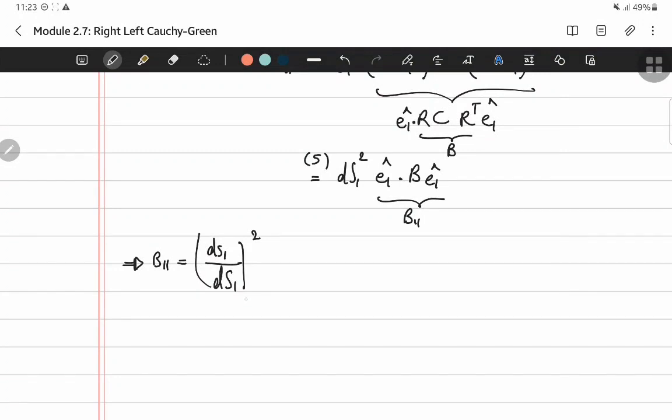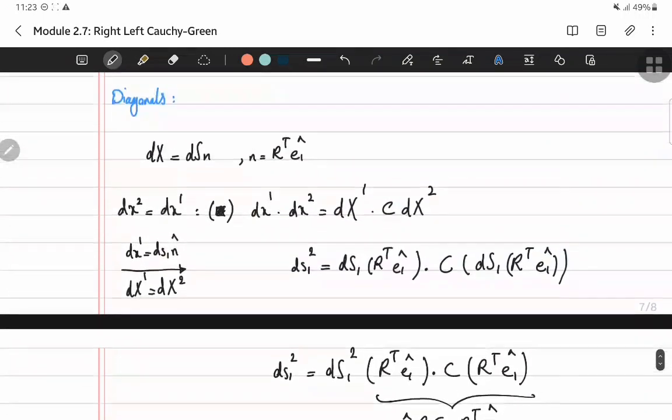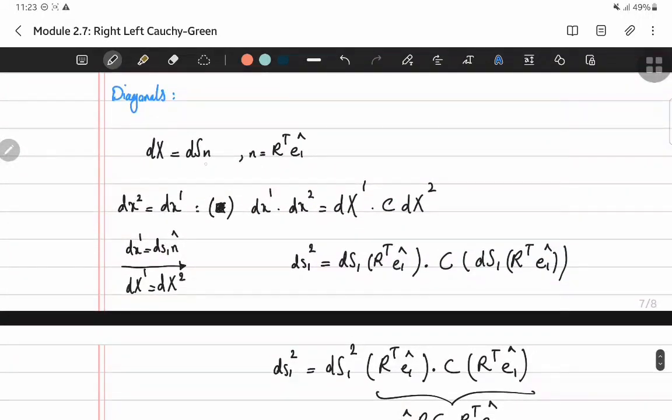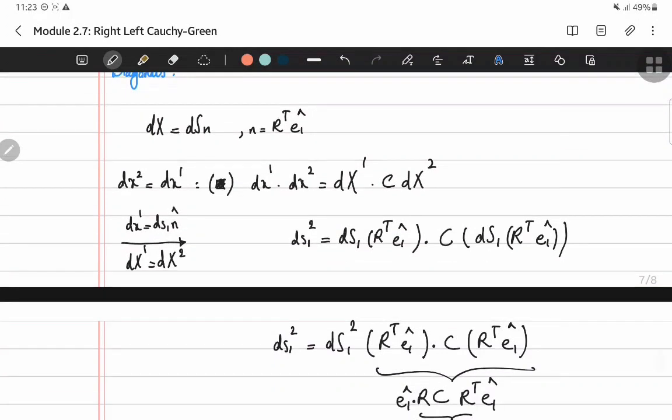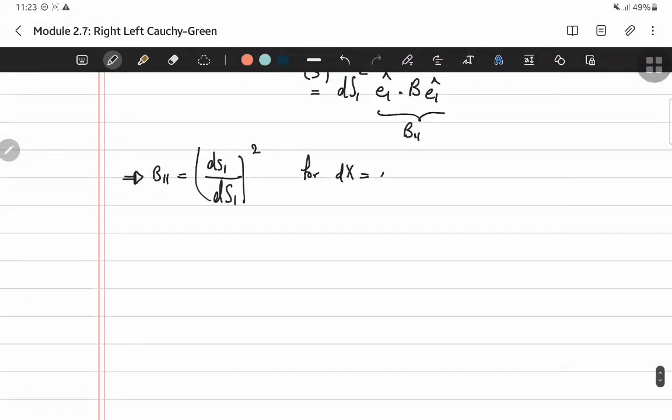This is the same as B, but remember here, for dx equal to this, where n is R transpose E1.